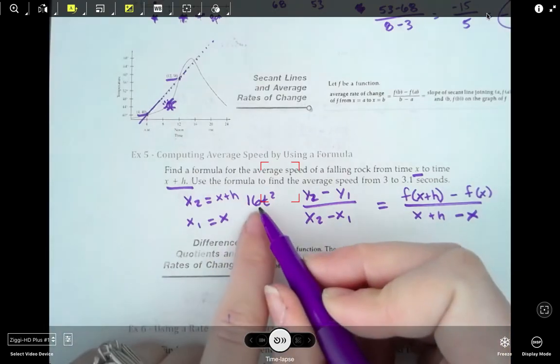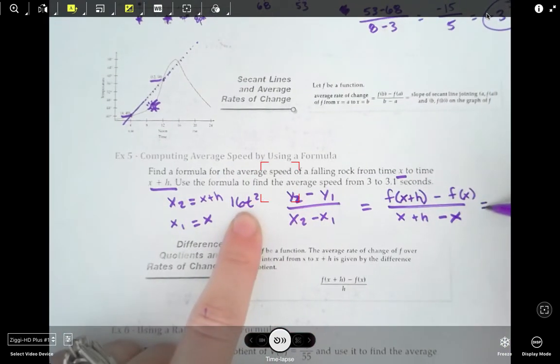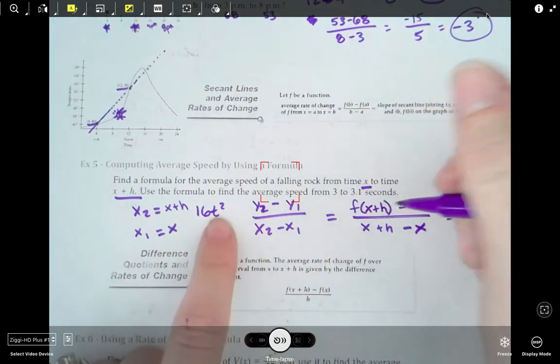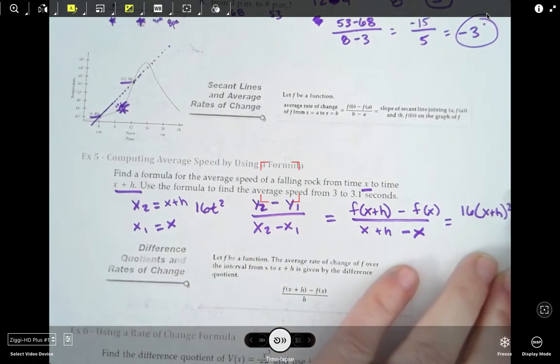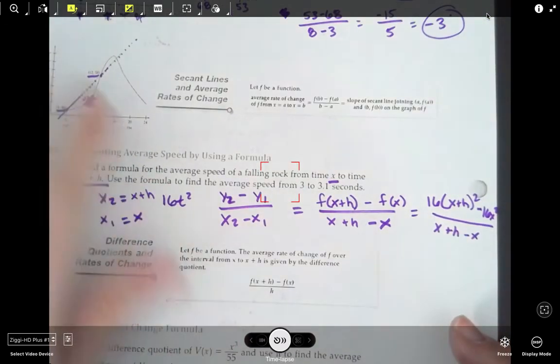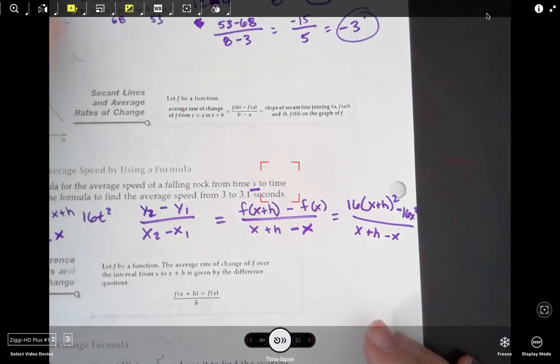And we know that our function is 16t squared. So I might as well write this as 16 times x plus h squared, because x plus h replaces t, minus 16x squared, over x plus h minus x. Yuck, yuck, yuck. This is going to feel really confusing.